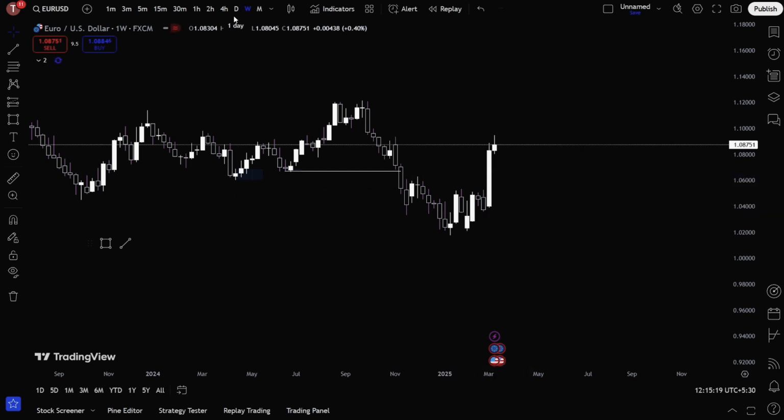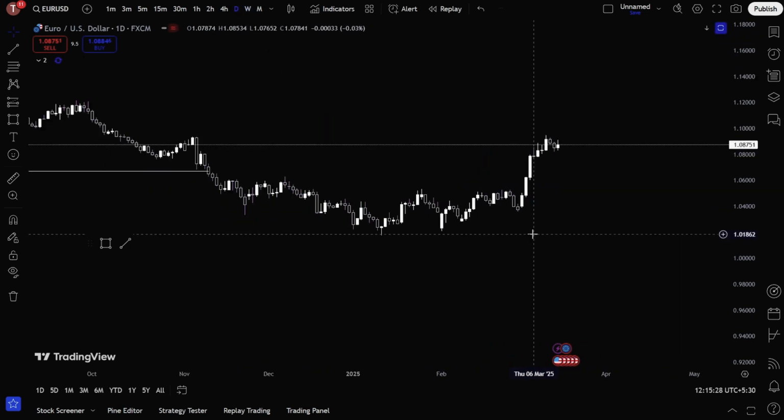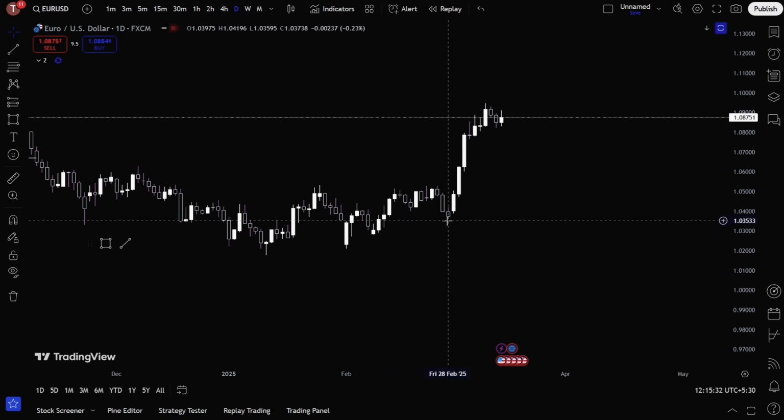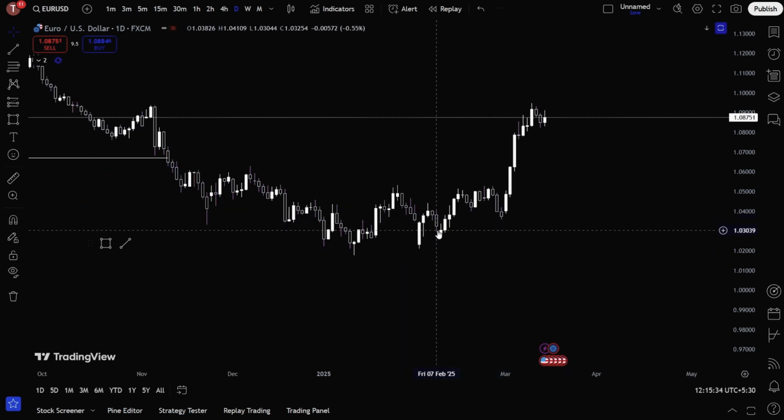So let's move to the dailies to see what kind of trade there was for me to take in the market. As I moved into the daily time frame, I was not seeing any kind of FVG in this move, so I was a little bit not ready for the price to go into the upside direction.